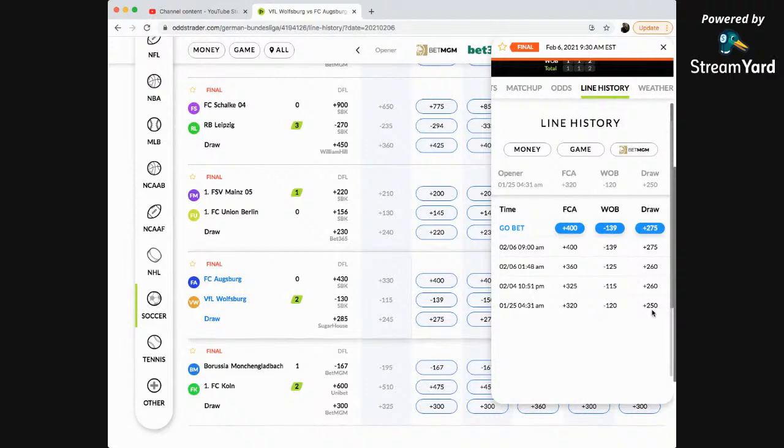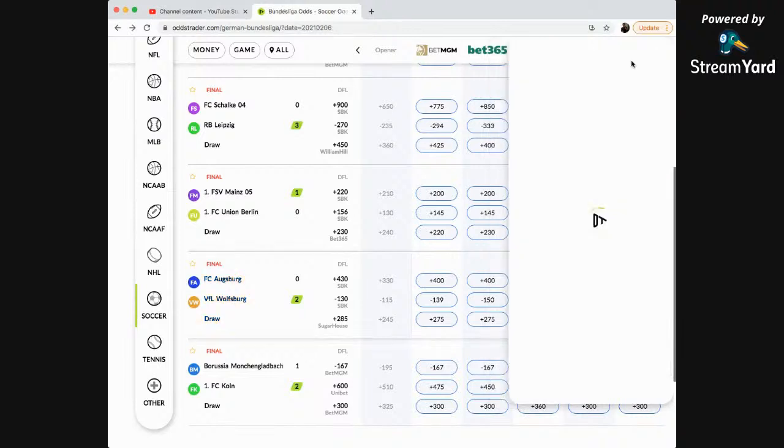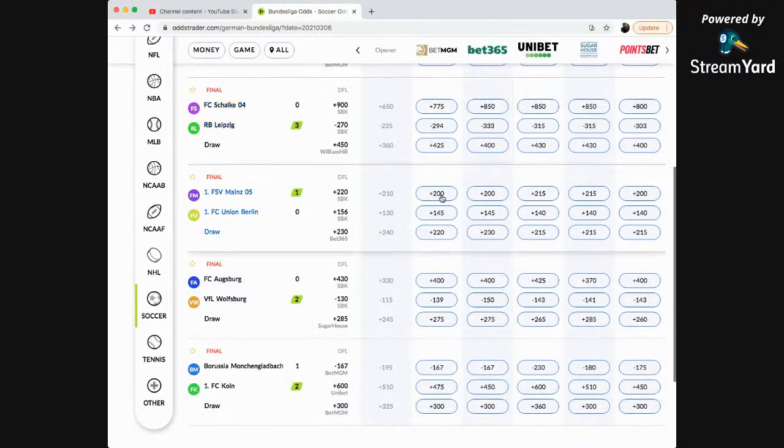And the draw line, we can eliminate it. It moves from 250 up to 275. So based on this test, that would be a play for Wolfsburg, and it was a winner. And so that would be another plus 100. So right now, based on this test, we're 4-2 and hit two money line dogs.